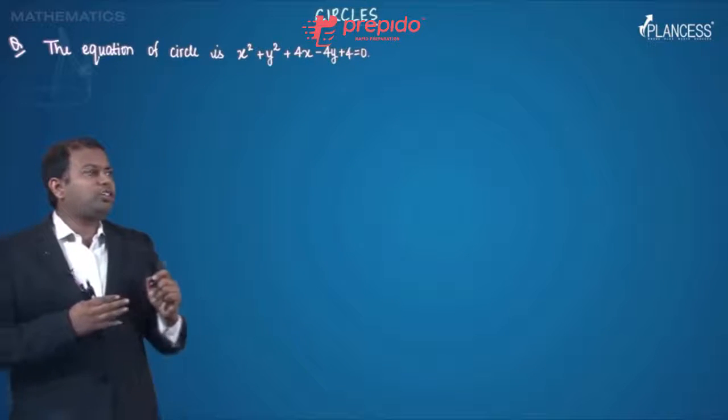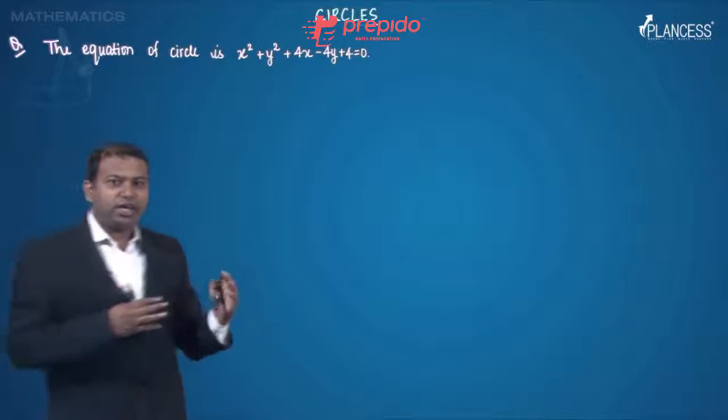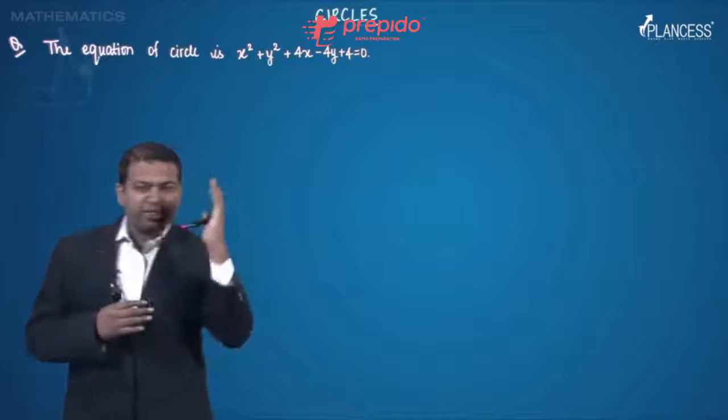Tangents are drawn to the circle such that they cut equal intercepts on the x and y axis, and let us take the positive x and y axis.